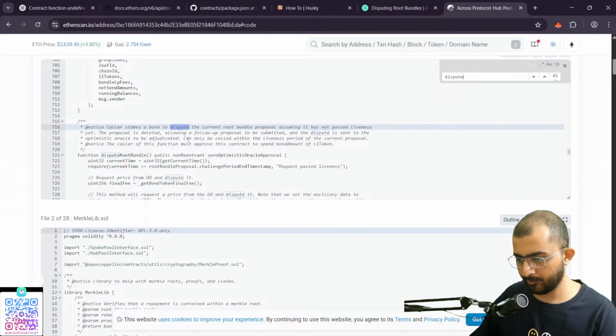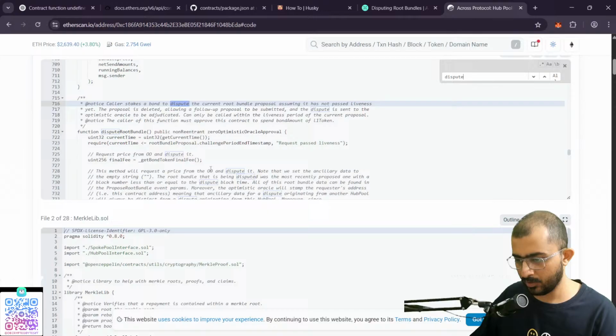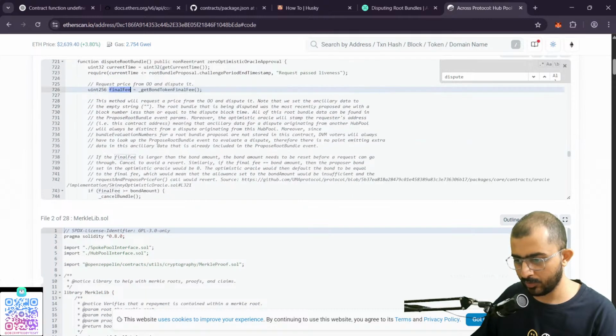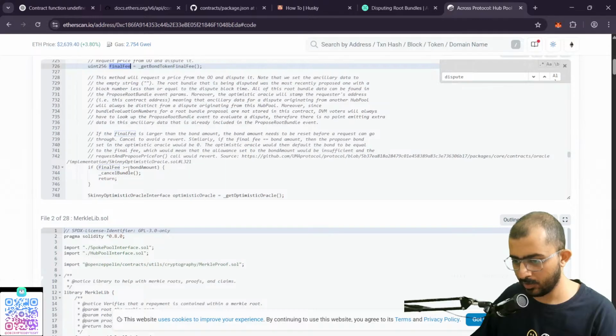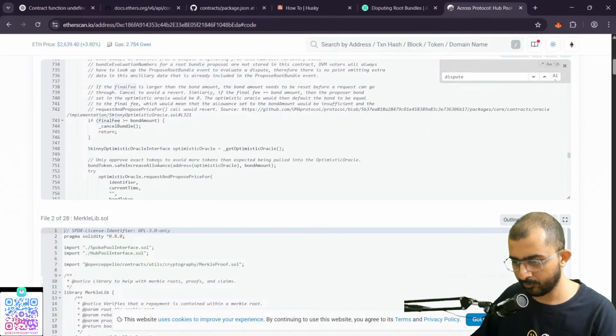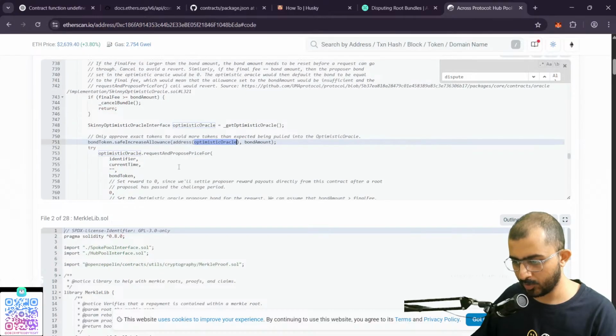Dispute, okay. Current time, this one, final fee and safe bond token, optimistic amount.